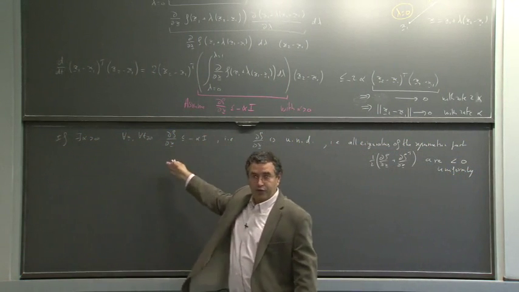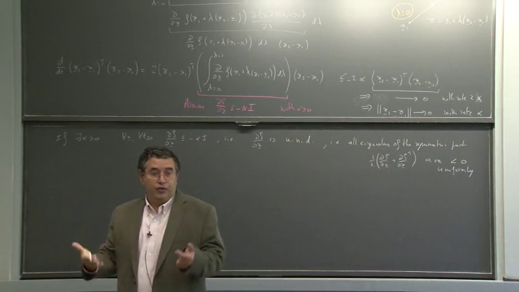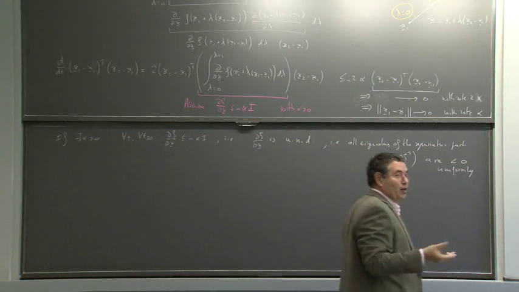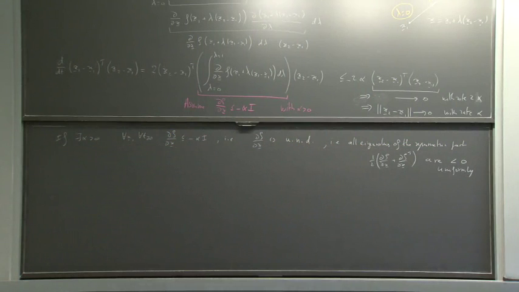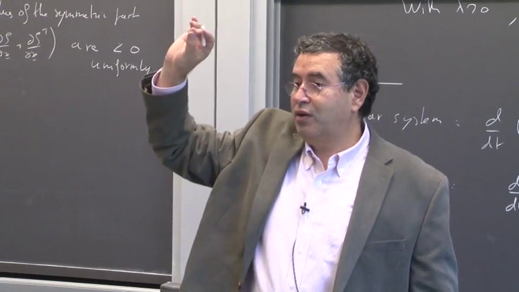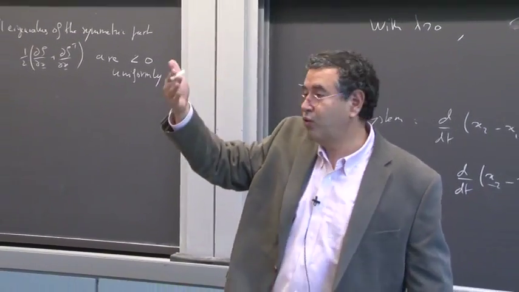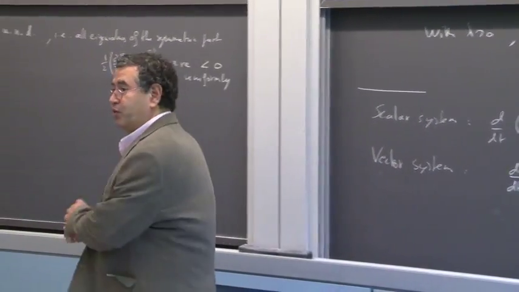Remember, when we say this for a matrix, it is equivalent to saying this for the symmetric part, because whether a matrix is positive definite depends only on the symmetric part, since it depends only on the quadratic form x transpose Mx, as we saw.